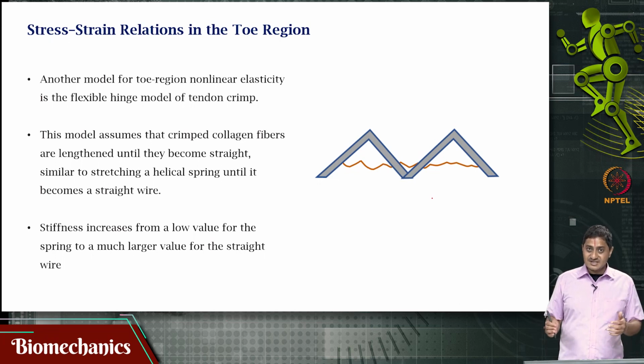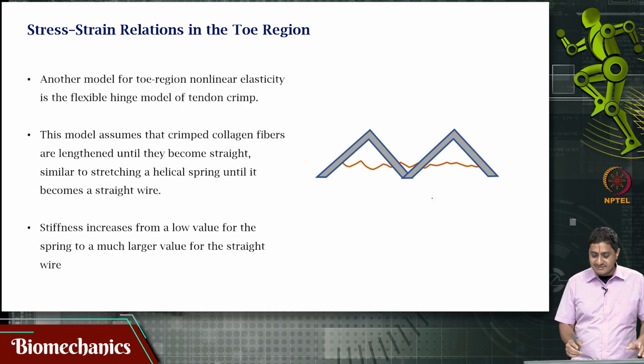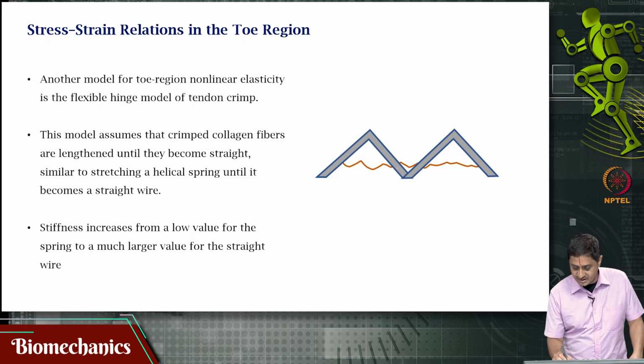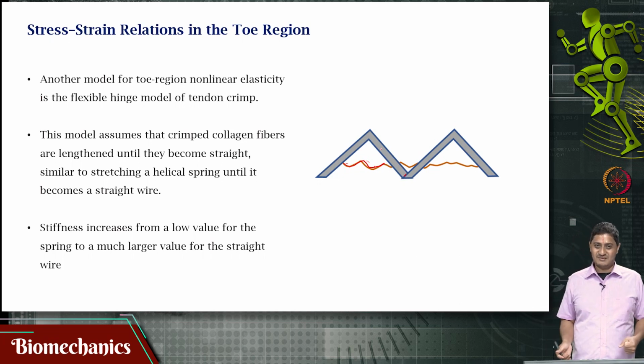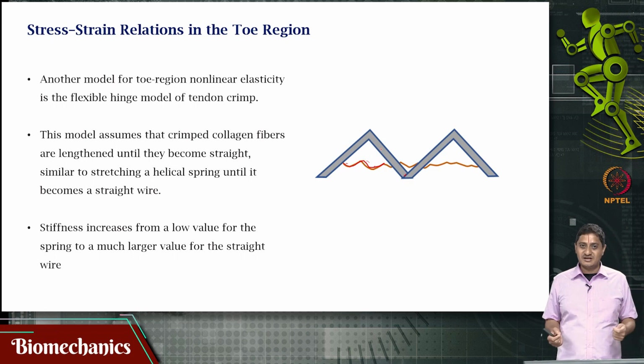That is fine. In the case of the tendons, they do go back to their original configuration, but the point is as they become stretched, so here is a hinge, as they get stretched, as they become more and more straight, their material property changes because of uncrimping, because they are being straightened, and then it is showing a different property.